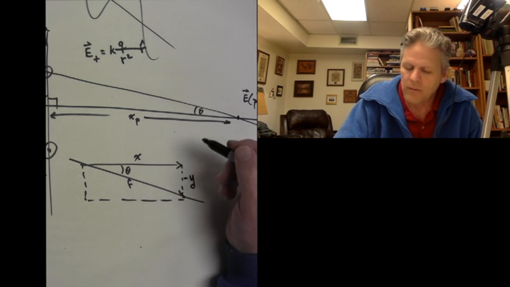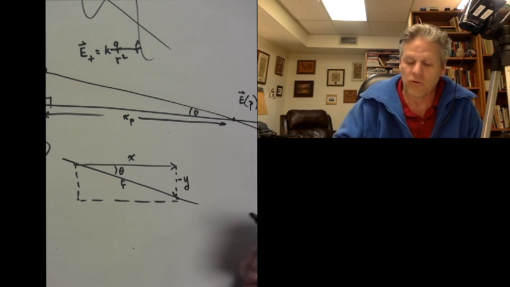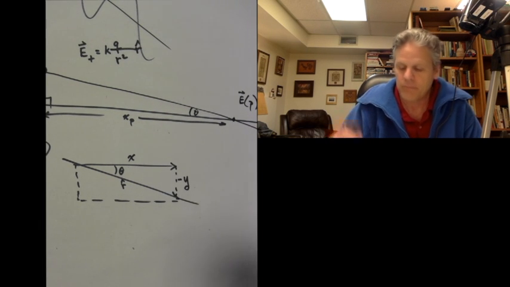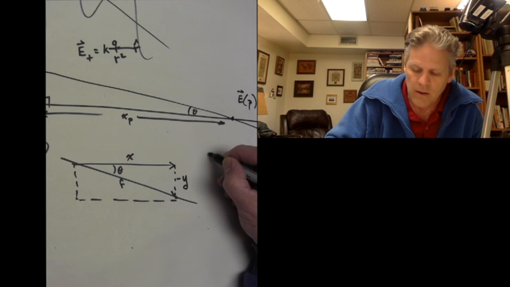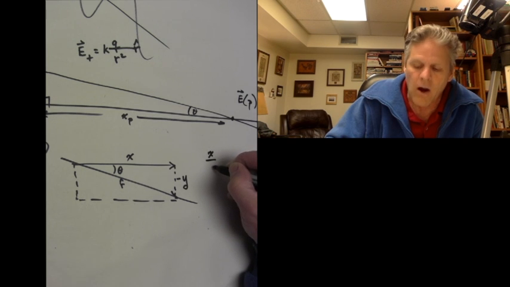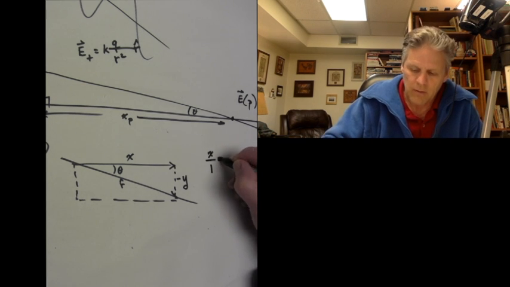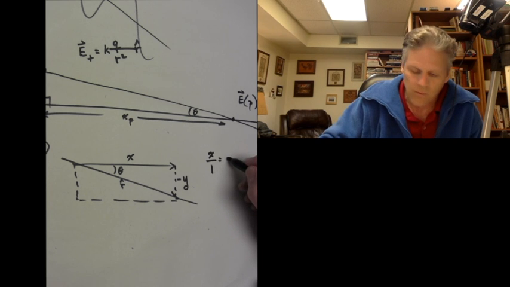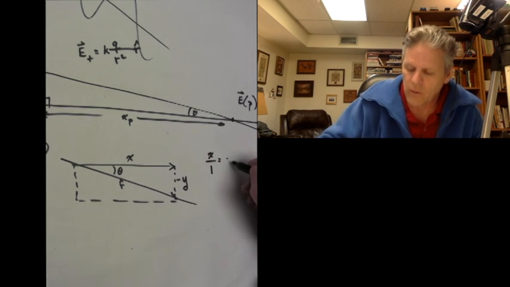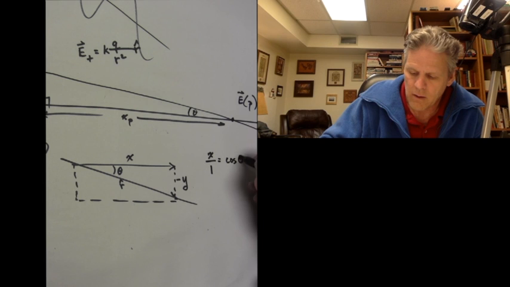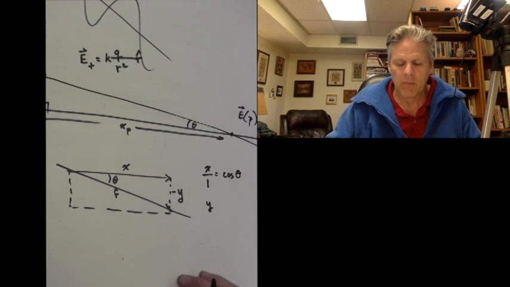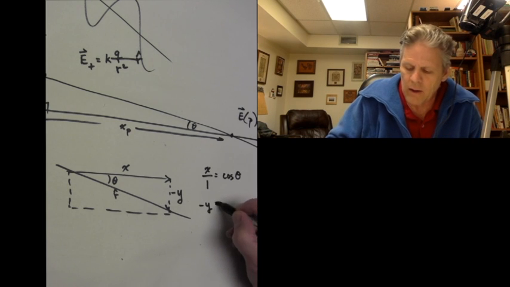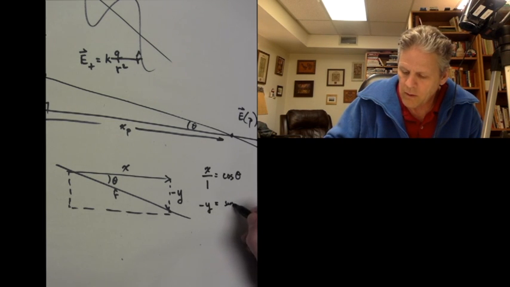So r hat is equal to 1, so we're just looking at this triangle, and we're saying that x over r hat, which is equal to 1, is equal to cosine theta. And we're going to say y, I'm going to get rid of the dividing by 1, we're going to say minus y equals sine theta.